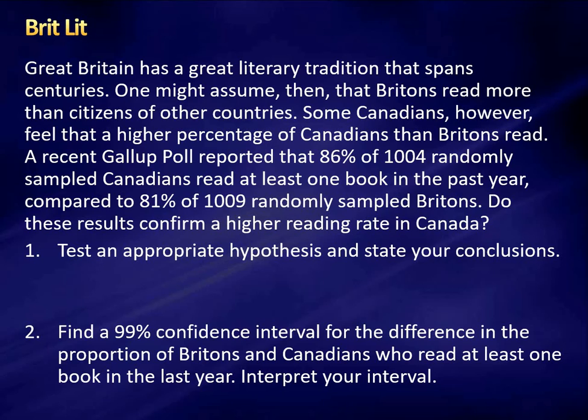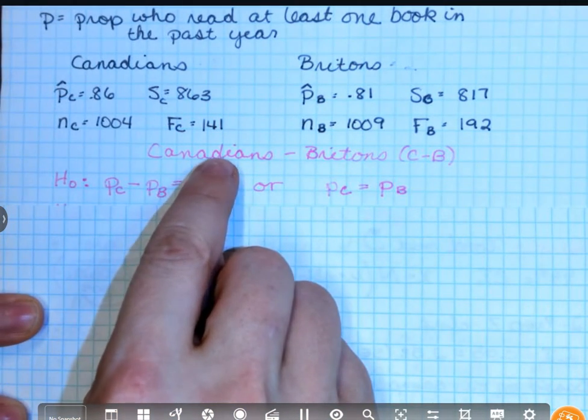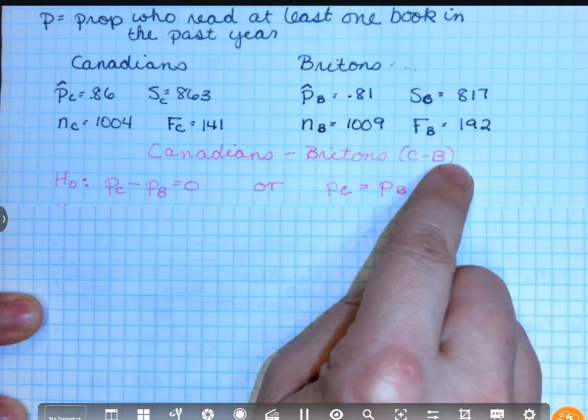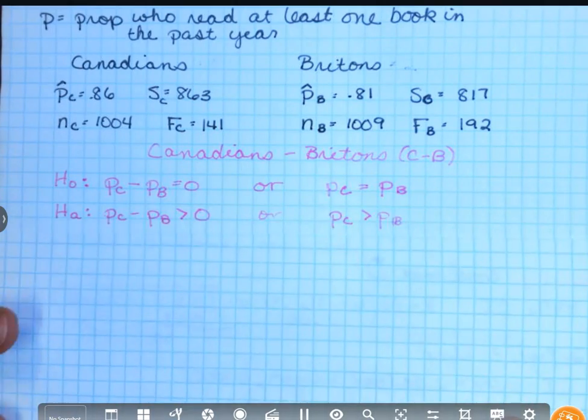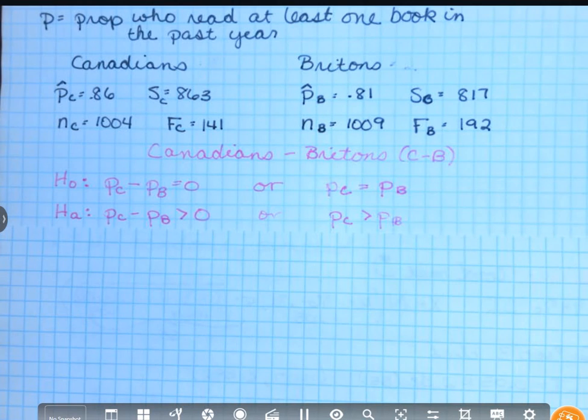The question says, do these results confirm a higher reading rate in Canada? If Canada is the bigger number, then C minus B would be positive. You can also think about it as PC is greater than PB. Again, I just like to see my numbers.